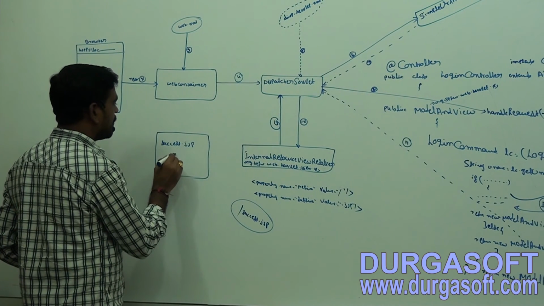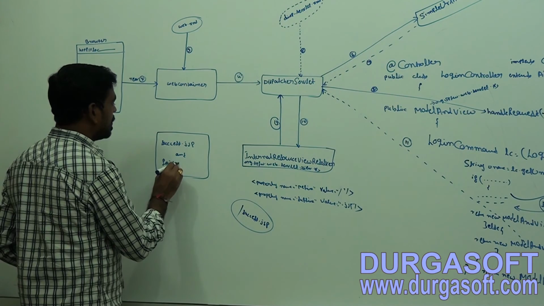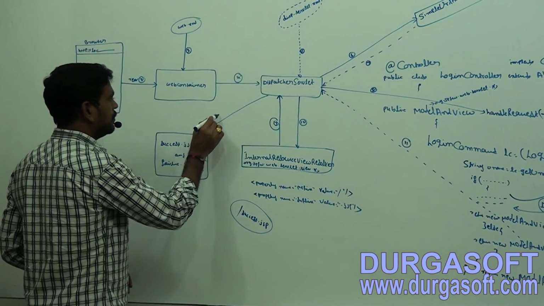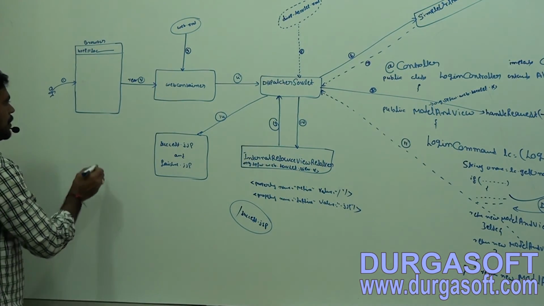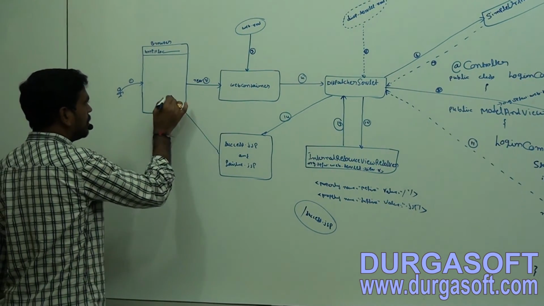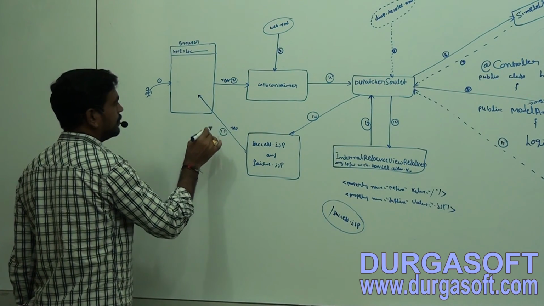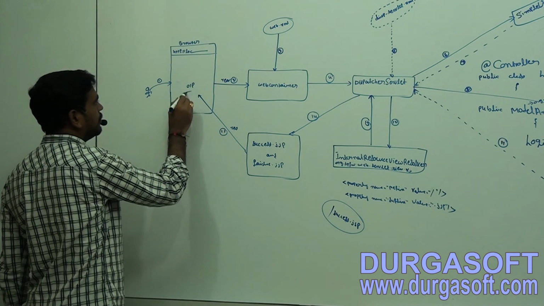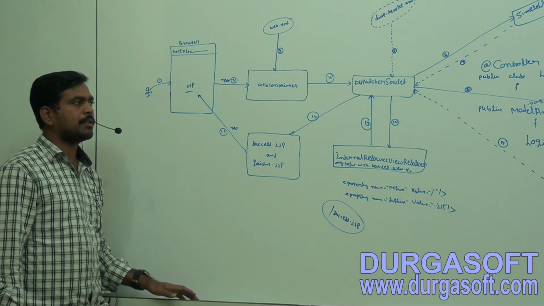Now here success.jsp and failure.jsp. Now finally that page is going to be given to the response, right? This is the output result, success.jsp or failure.jsp.